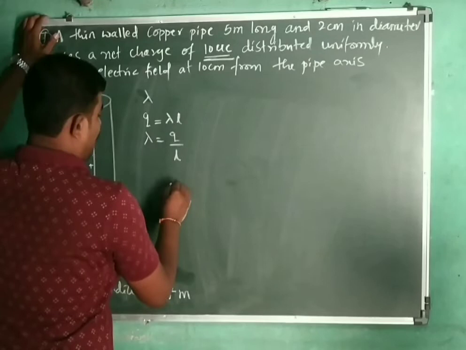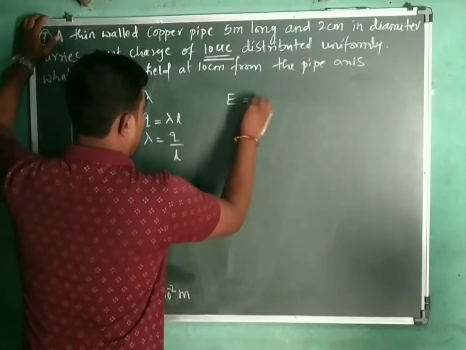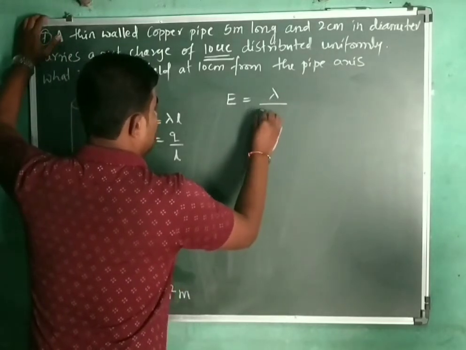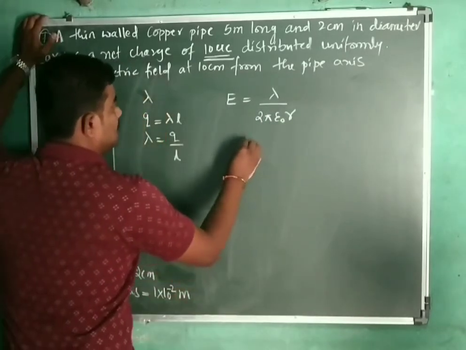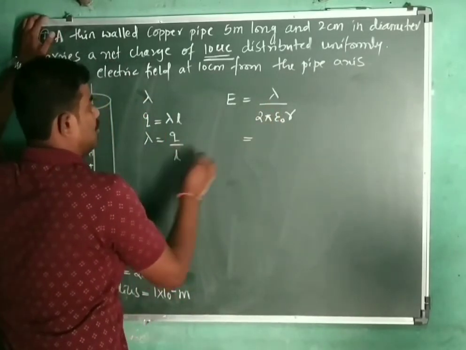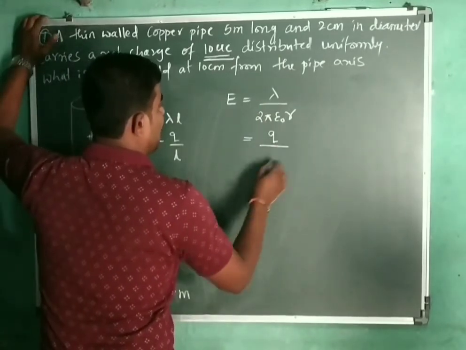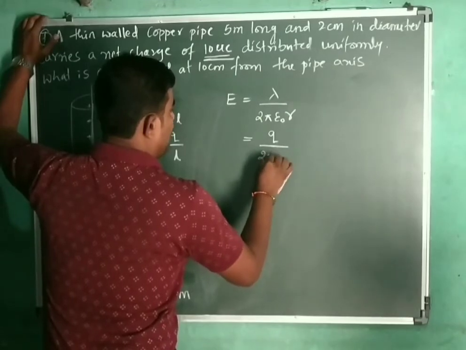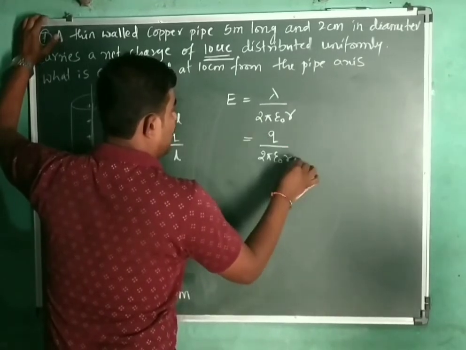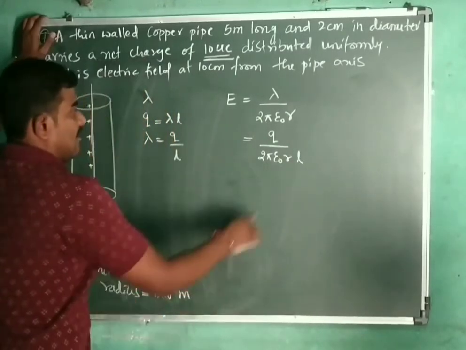okay, and now the formula for such a type of distribution we have already calculated, that is E is equal to lambda divided by 2 pi epsilon naught R, okay, and in place of lambda I can write Q divided by L, therefore it is Q divided by L into 2 pi epsilon naught R, okay, and what is this R?